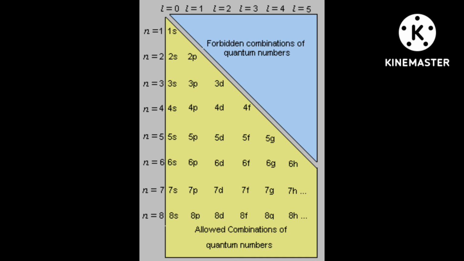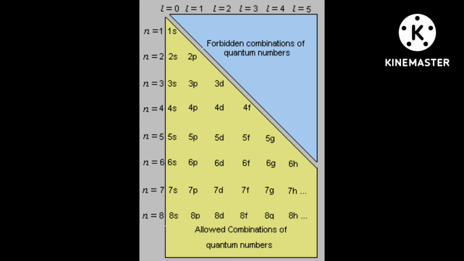Now in each orbital, as for example in the s orbital, only 2 electrons are possible. One electron will have a spin quantum number value plus half and the other electron will have minus half, because only 2 electrons are there in s.